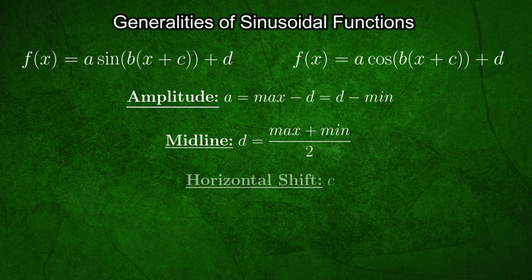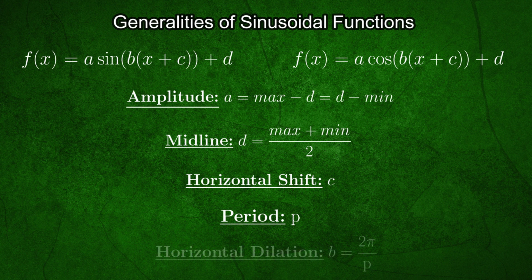The parameter c represents the horizontal shift of the periodic function, if any, and the parameter b is extremely related to the period of the sinusoidal function, because if p represents such a period, then p is equal to 2 pi over b.